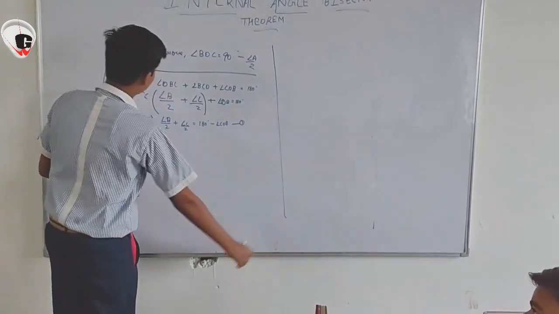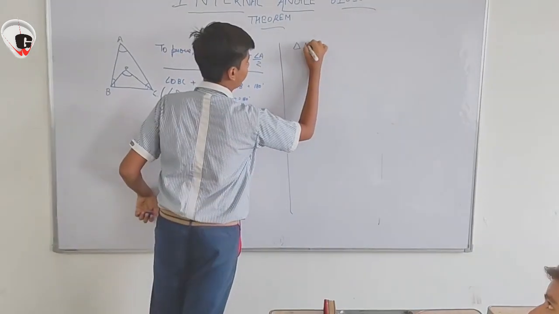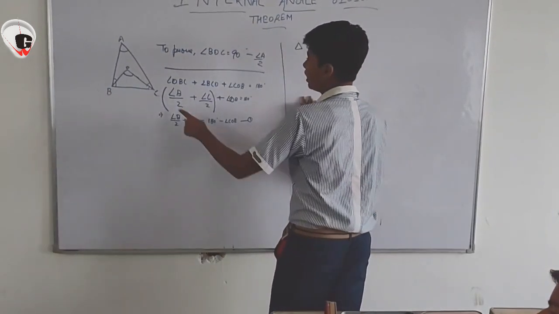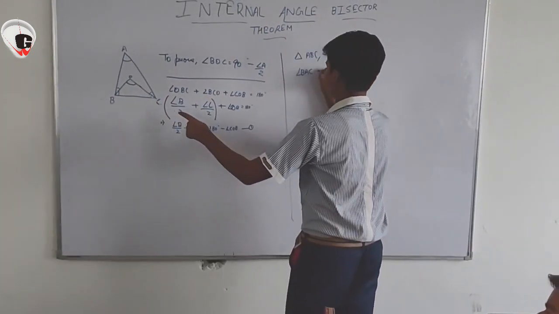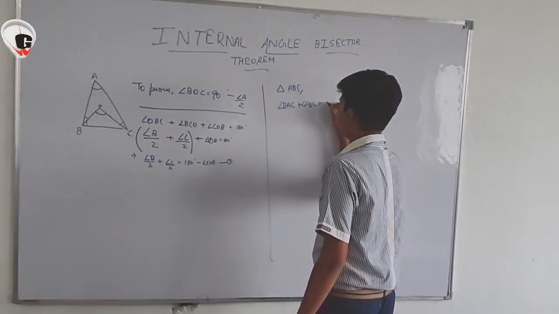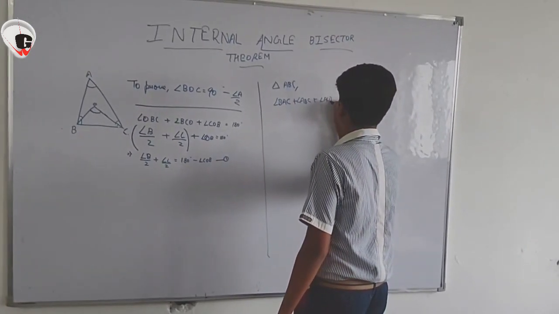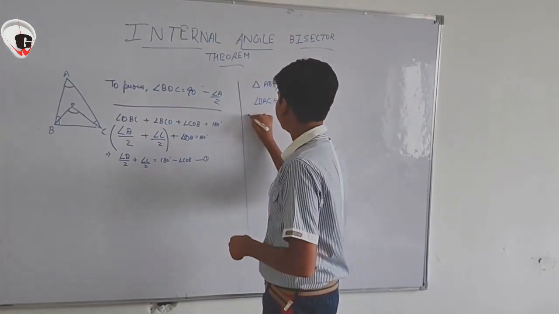Moving on to the bigger triangle, triangle ABC. In triangle ABC, angle BAC plus angle ABC plus angle ACB is equal to 180 degree, again due to the angle sum property.